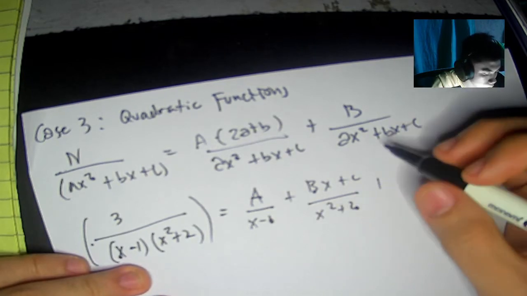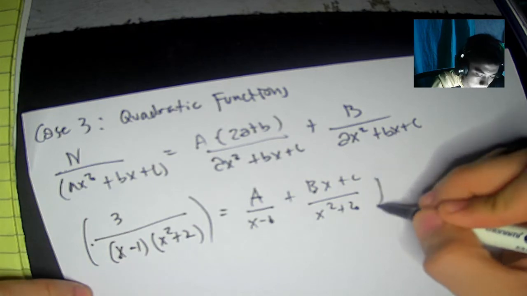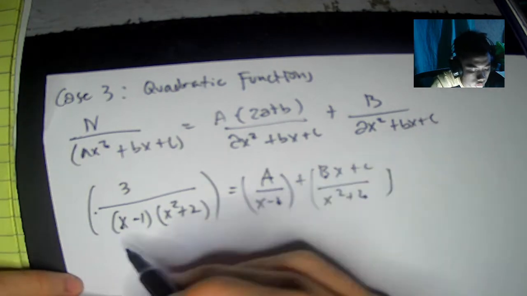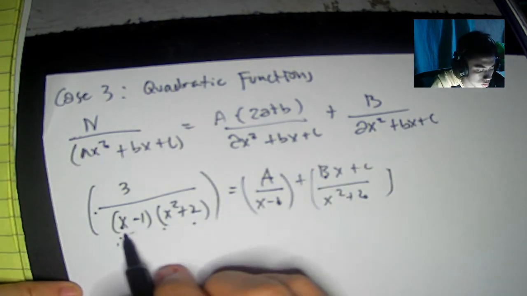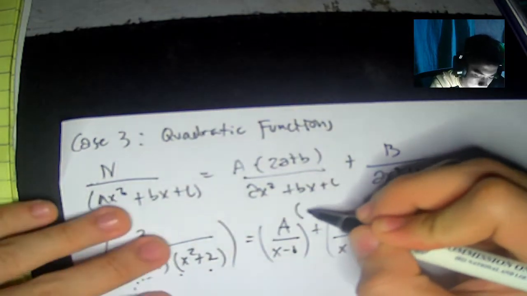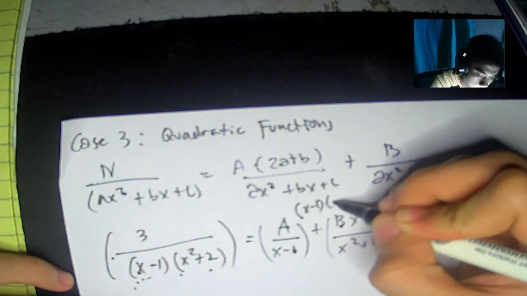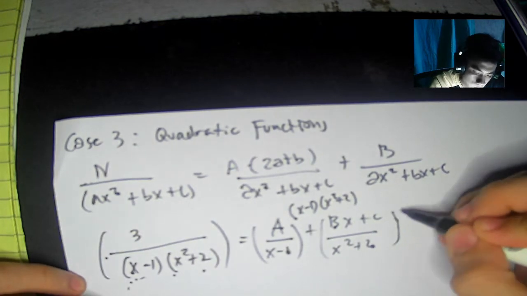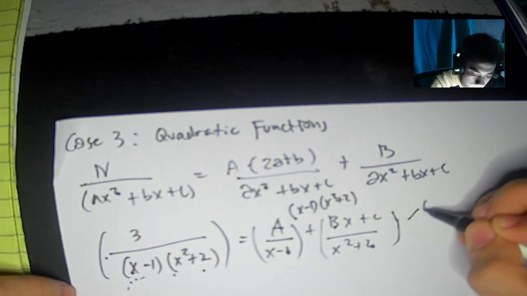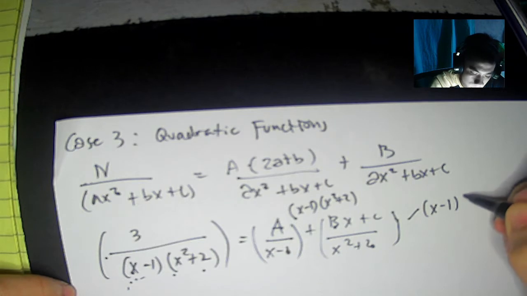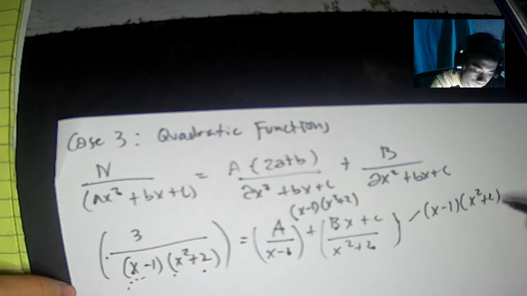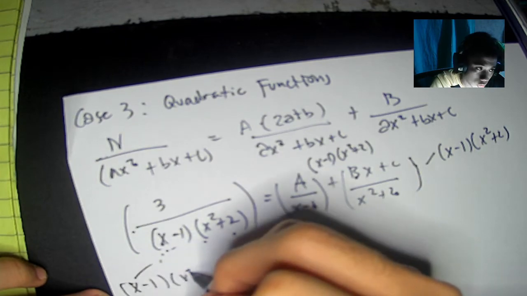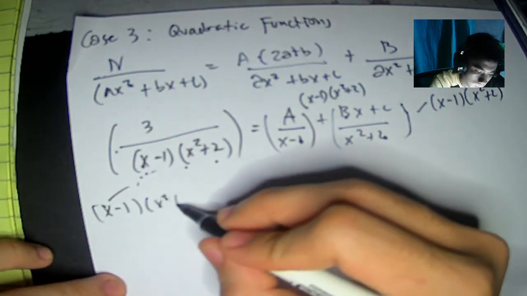Let's just enclose this, because what we're gonna do here is multiply this by x minus 1, x squared plus 2. Also this one is multiplied by x minus 1, x squared plus 2. Same here.